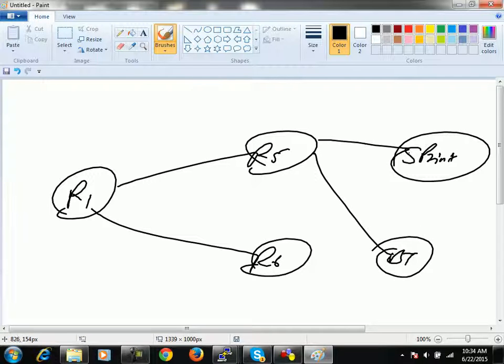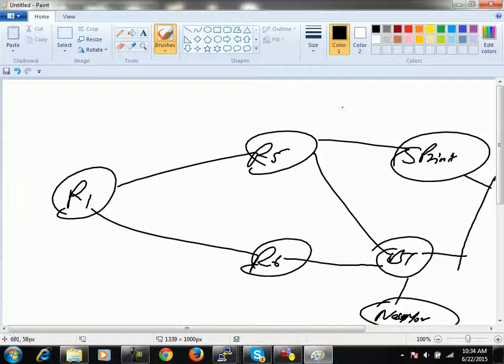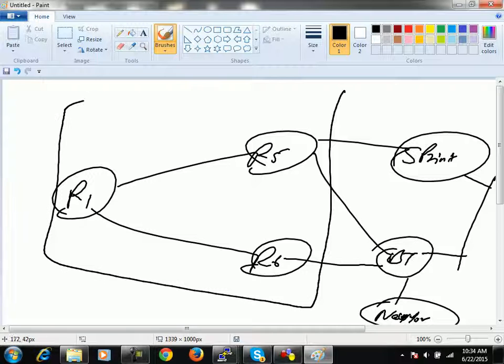This R5 is having neighborship with both of them, and then Sprint and BT are also interconnected, and then further the New York router is connected with BT. So this is your logical topology. In this diagram we are running BGP at the end of the customer only on these 3 routers, R1, R5 and R6. So BGP is configured in this manner actually. This is your logical topology of BGP.